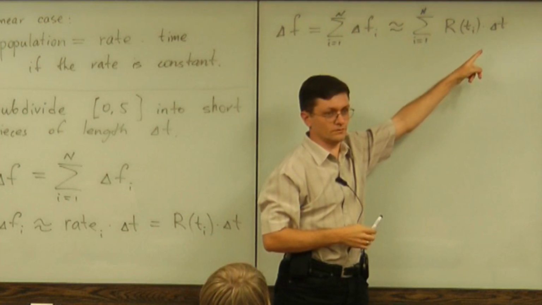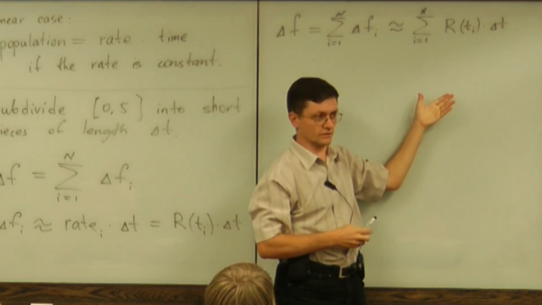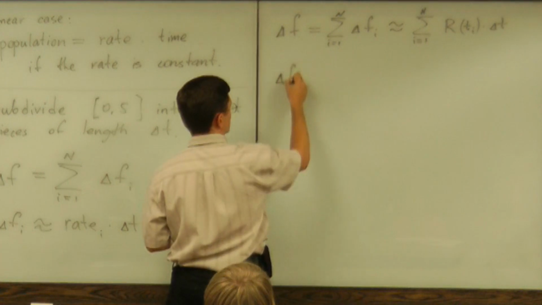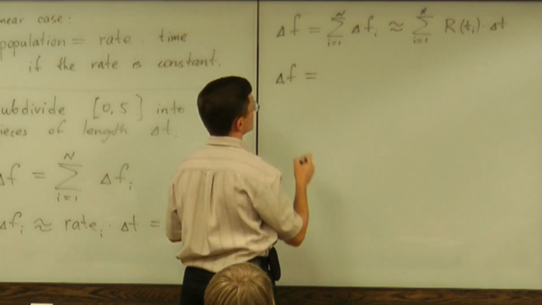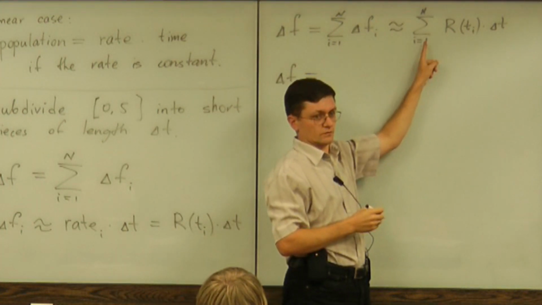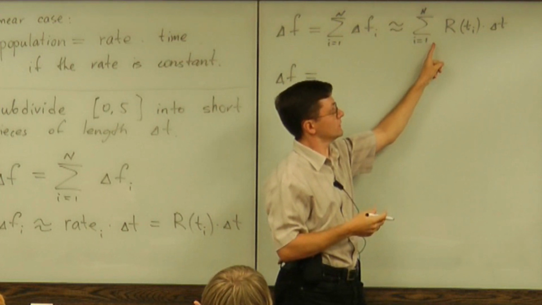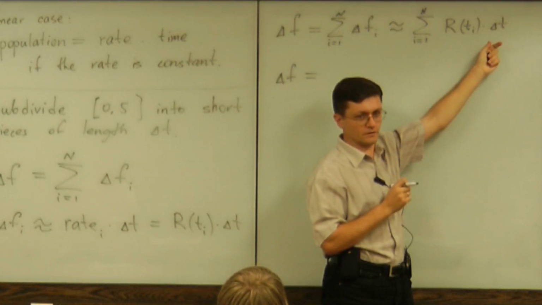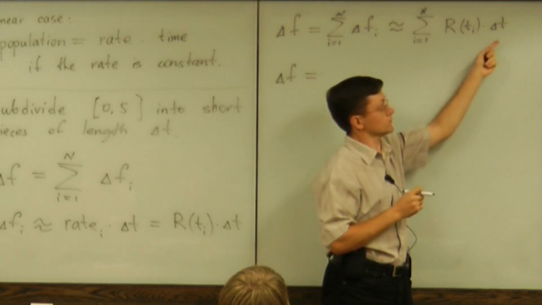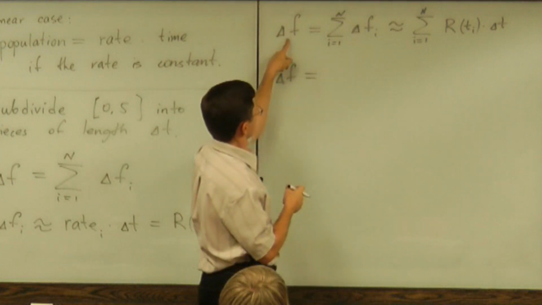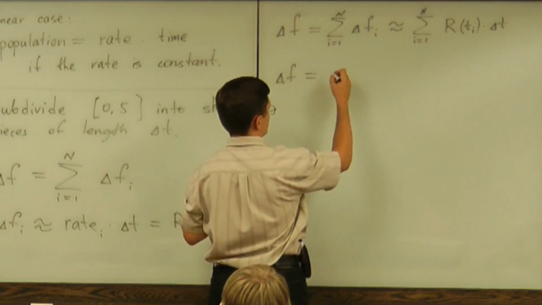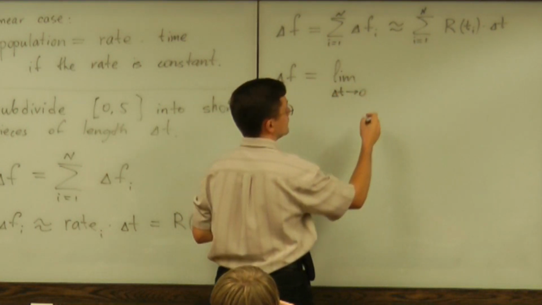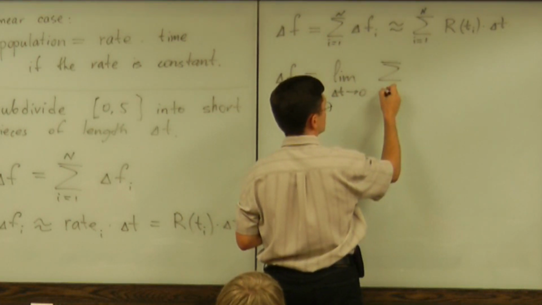And we are now very close to the expression like an integral. Now we argue that we expect this approximation to become better as we make delta t go to 0, as we subdivide into shorter intervals. So this approximation becomes better and better approximation of that total change, and the total change is actually the limit as delta t goes to 0 of those sums.